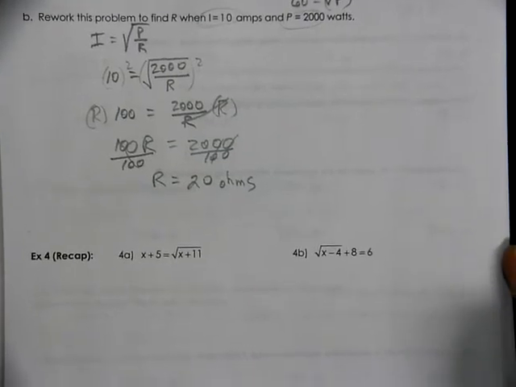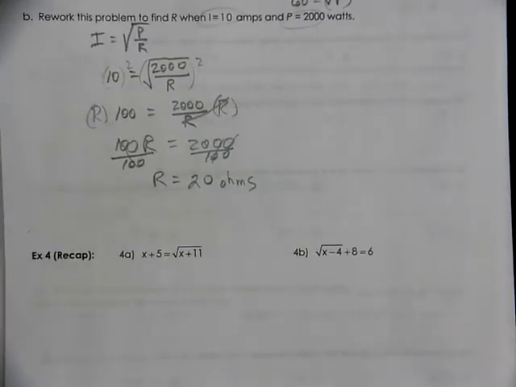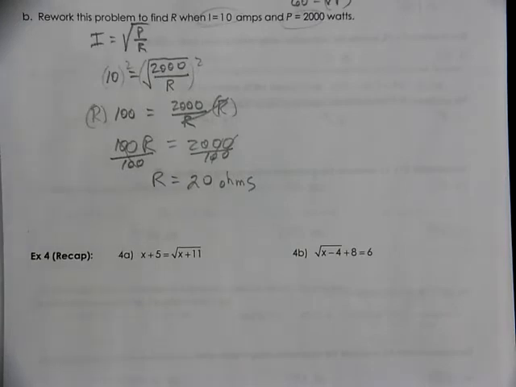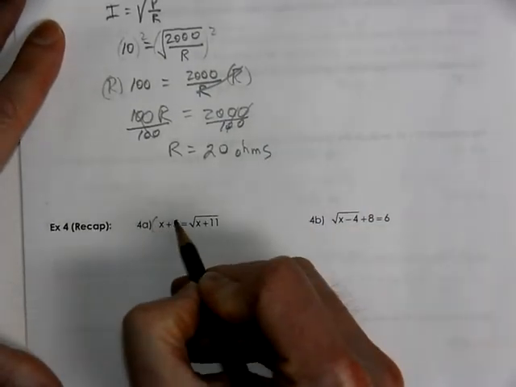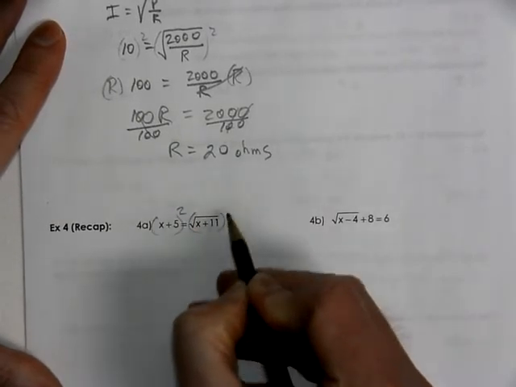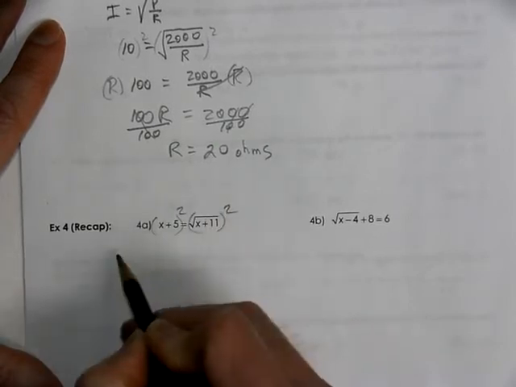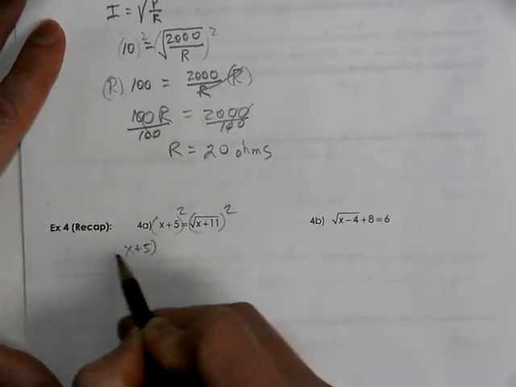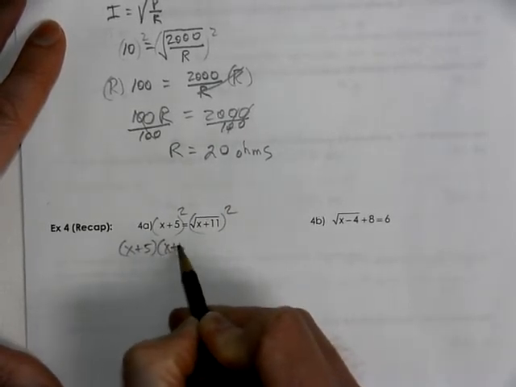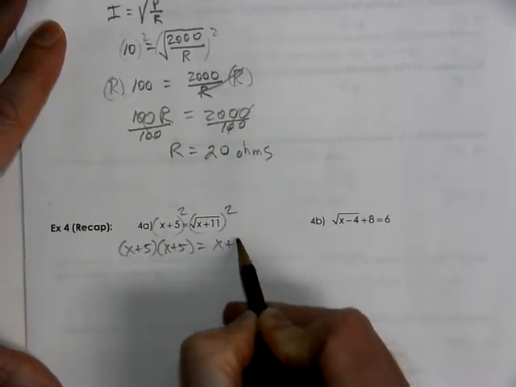Okay, let's finish everything up with you practicing 4A and 4B, and I'll work through it also. So pause the video, come back and take a look. This first one, the radical is isolated already, so we're going to square both sides. That's going to produce two binomials that have to multiply each other.